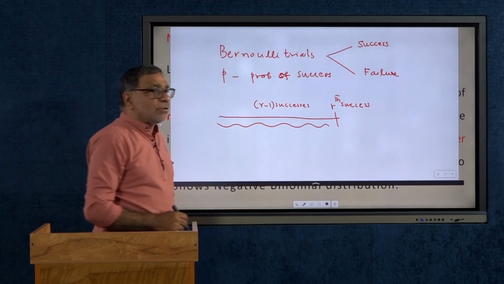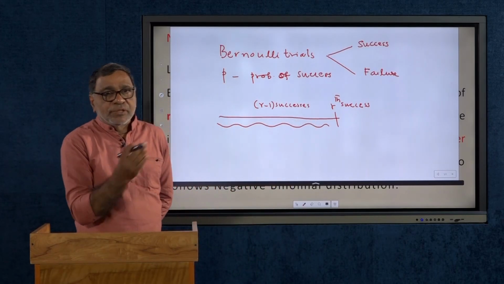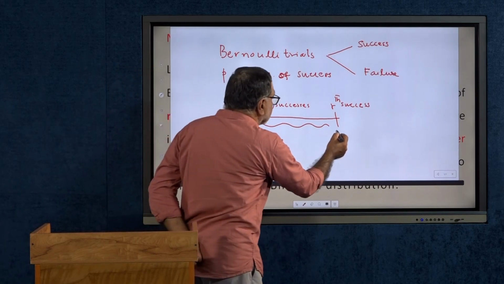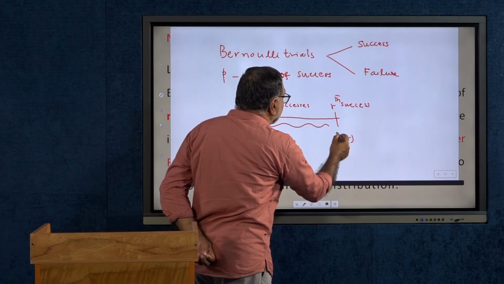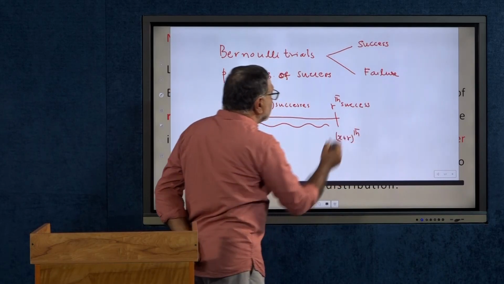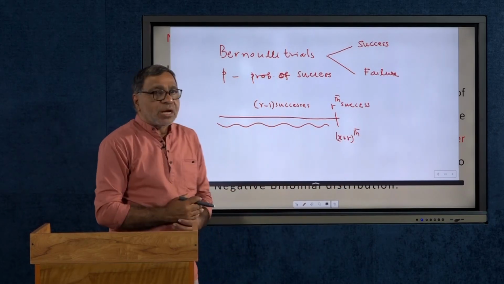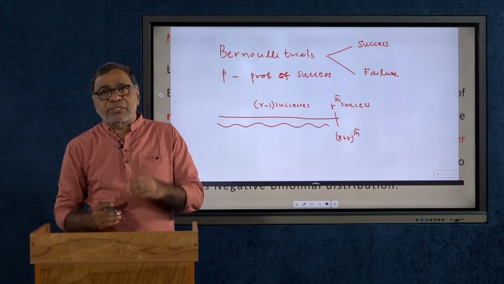So, we have r minus 1 successes previous to this trial. This is a particular trial. Suppose this is the x plus rth trial where the rth success is obtained.